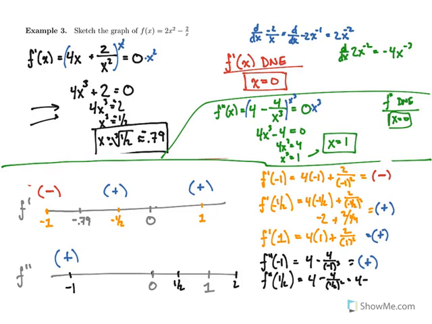That's going to be 4 minus 4 over 1/4, which is going to be a negative number. And F double prime of 2 is 4 minus 4 over 2 cubed, which is going to be a positive number.